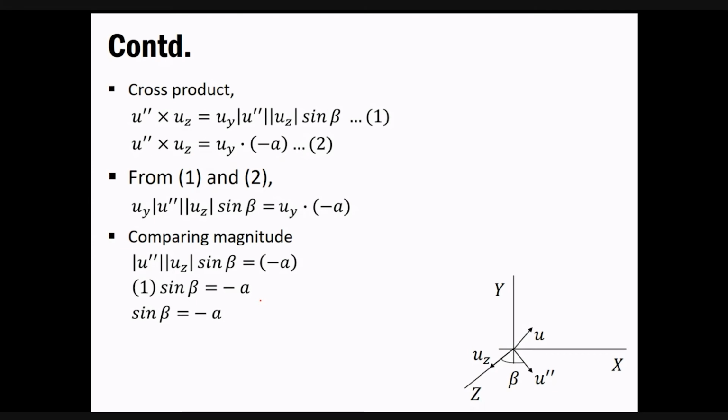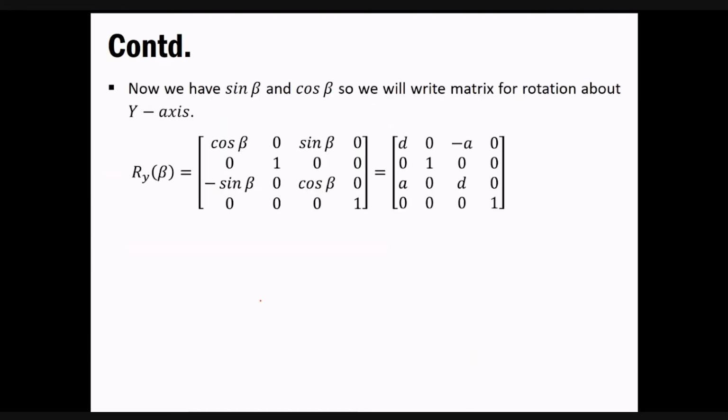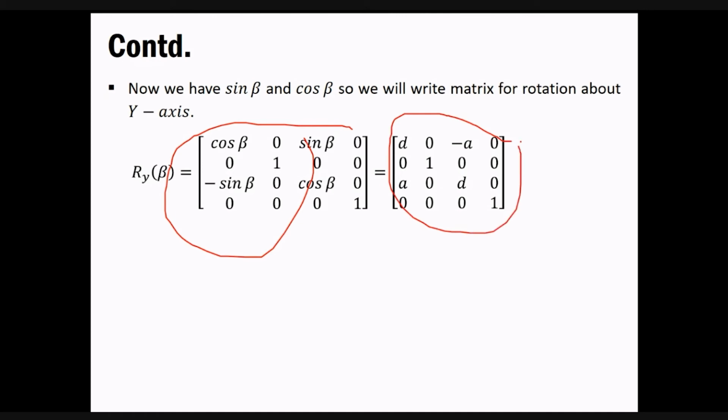Now we have sine beta and cos beta, so we will write the matrix for rotation about the y axis. If this is the case, then you keep y unchanged and write the remaining terms over here. The same form is written here, and cos beta can be substituted with d and so on.